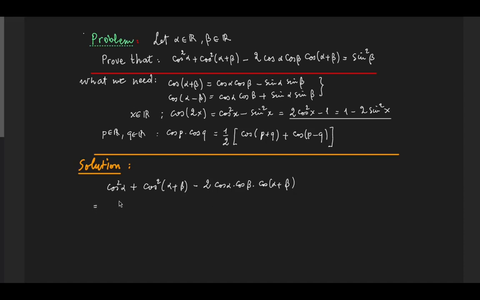All that is equal to, we'll leave this cos squared alpha as it is, but cos of alpha plus beta is a common factor between these two last ones. So we factorize cos of alpha plus beta, times cos of alpha plus beta minus 2 cos alpha cos beta.